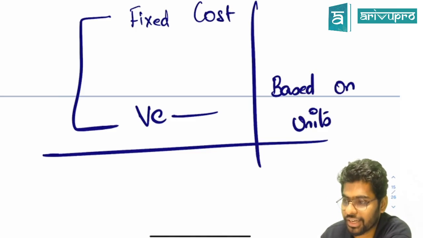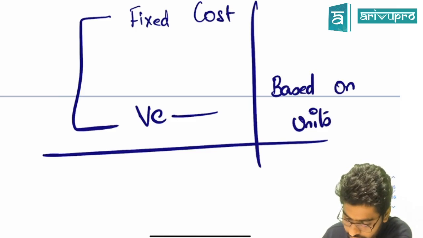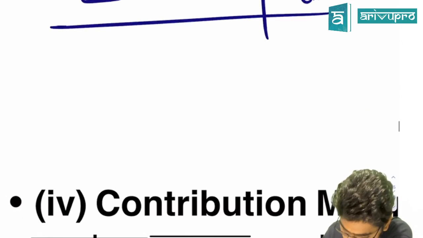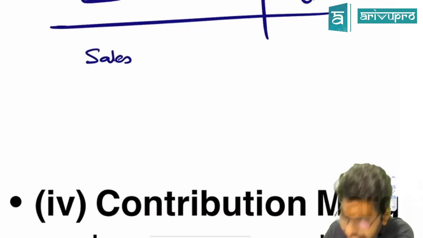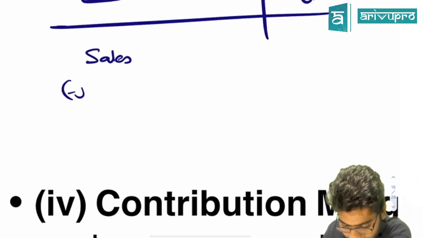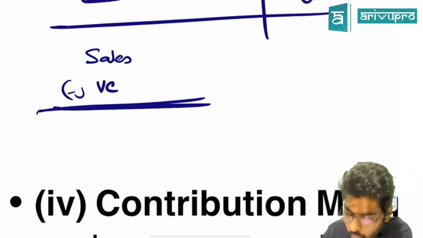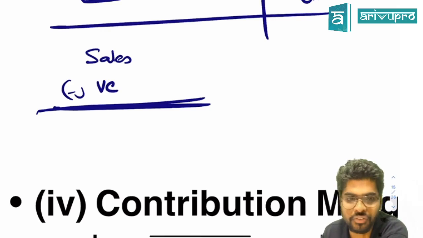Variable cost I divide based on the units produced. Once I find the variable cost, I will take my sales and reduce my variable cost.